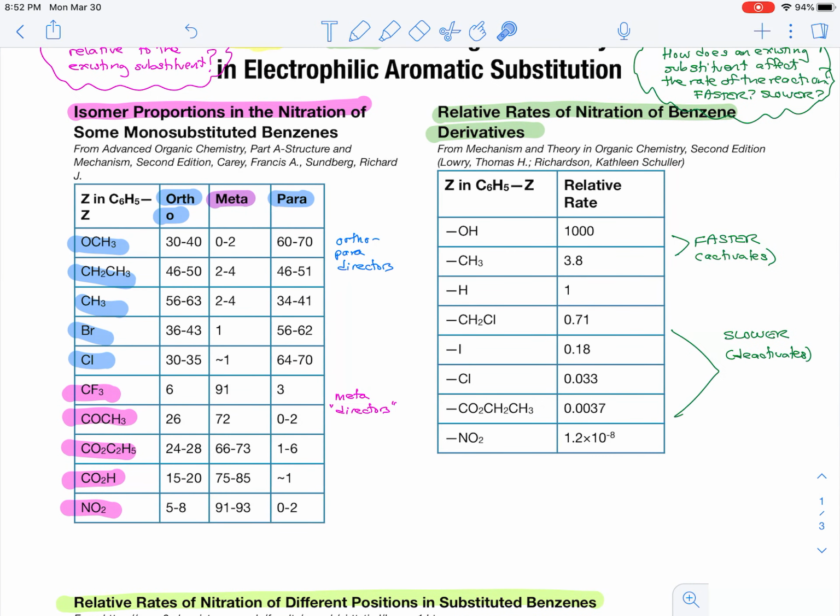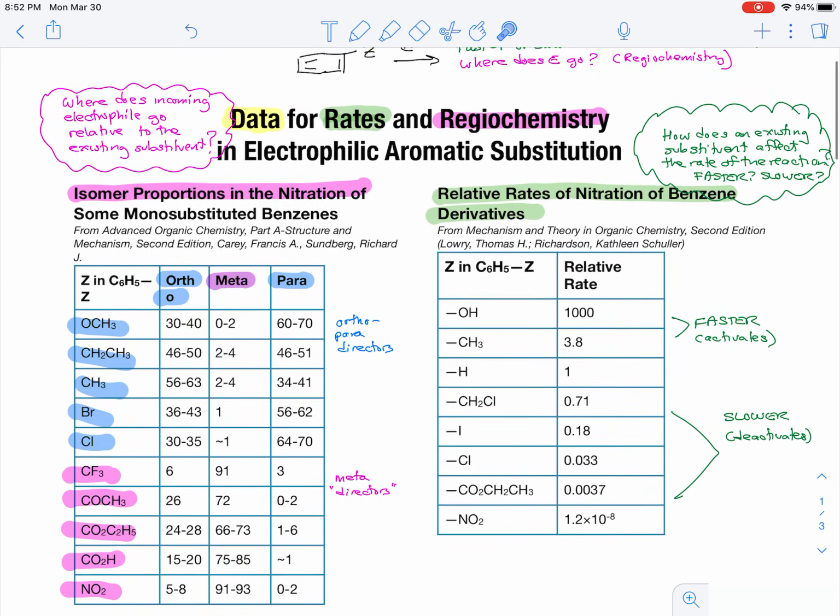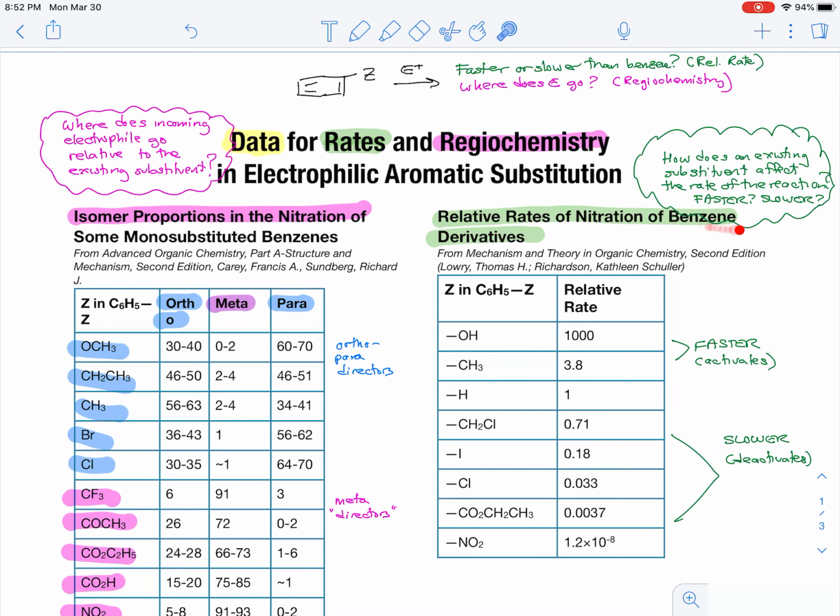Now let's take a look at the rates. In this chart, we have the relative rates of the nitration of benzene. Again, we're looking at how an existing substituent affects the rate of the reaction. Does it make it faster, or does it make it slower? Everything is relative to benzene, so if Z is equal to H, we have benzene.